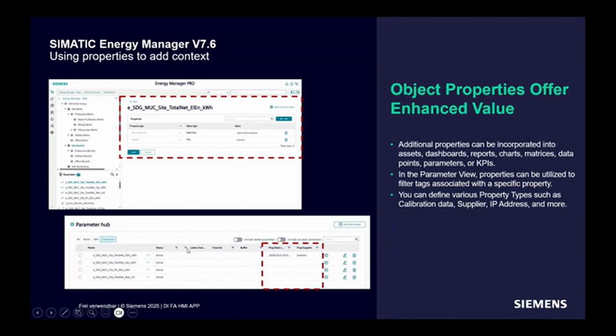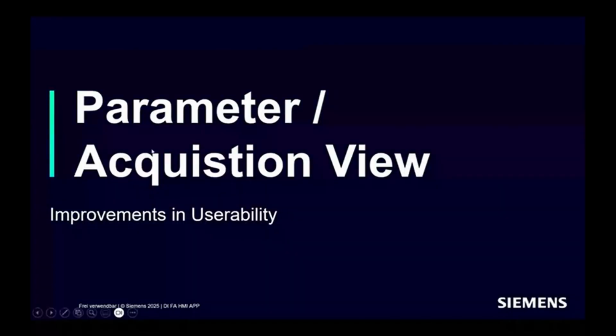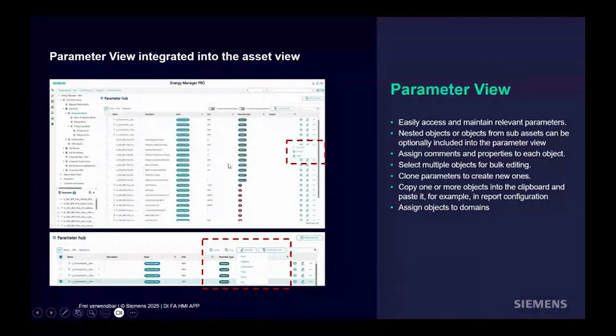So here you have an overview of what will also be available according to properties, which I have presented already, to select the properties and create filter objects in the data point view, in the KPI view, and so on. We have really tried to give more usability to the system and make the whole configuration much easier, plus also the data analysis.